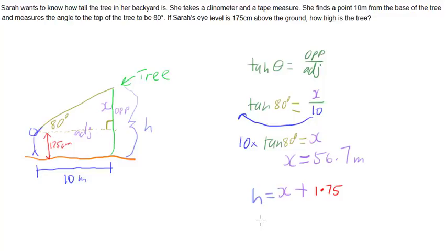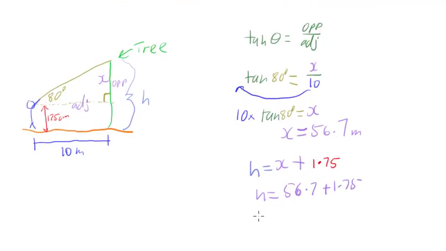So we're going to have that the height of our tree is going to be 56.7 plus 1.75.